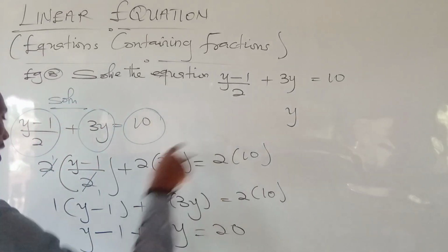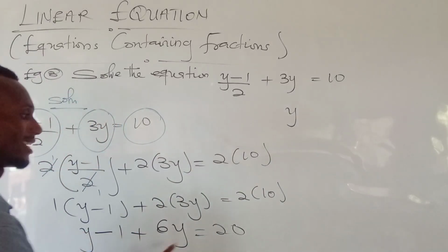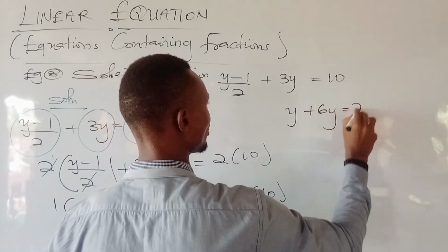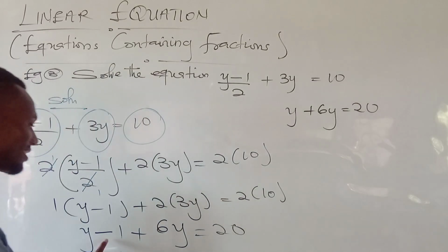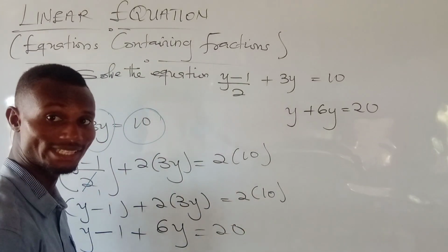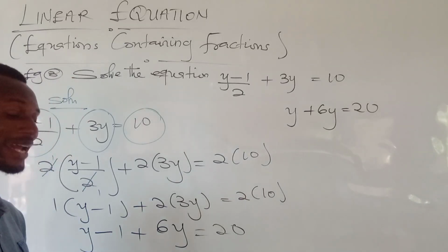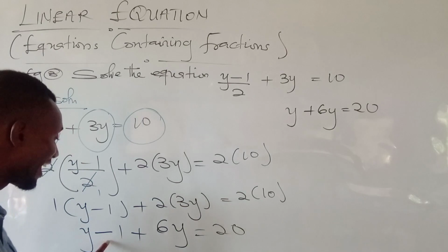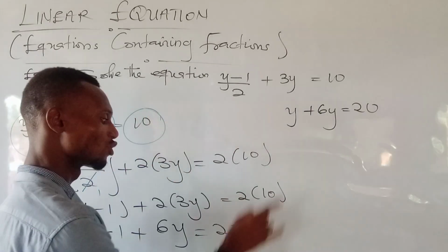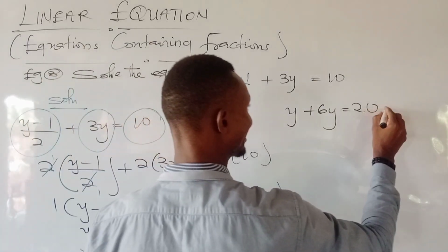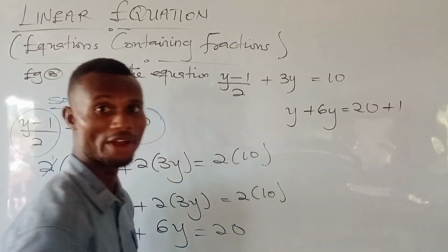So I write my y plus the 6y, equals my 20 is there, then this negative 1 will cross the equal sign to go and join the 20. But don't forget, when anything crosses the equal sign, the sign it has changes. It is negative, so when it crosses the equal sign to go and join the 20, it will become positive. So it will be 20 plus 1. I hope you agree with me.